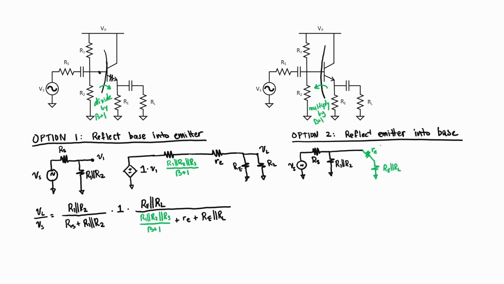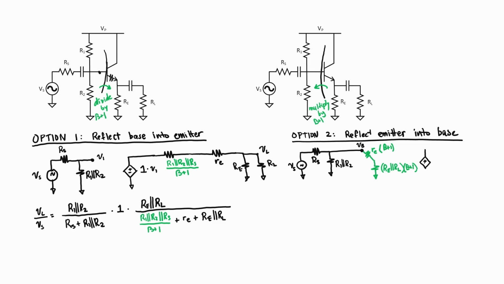And everything has to be multiplied by beta plus 1. I'll label this voltage V sub B because in this case it is a true representation of the base voltage. For this reason, I like option 2 just a little bit better.